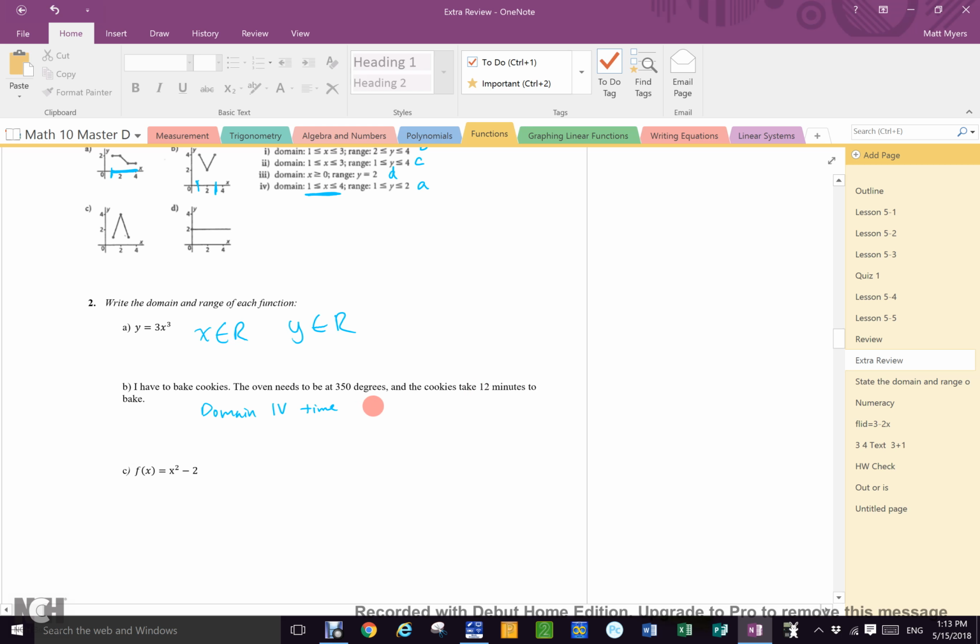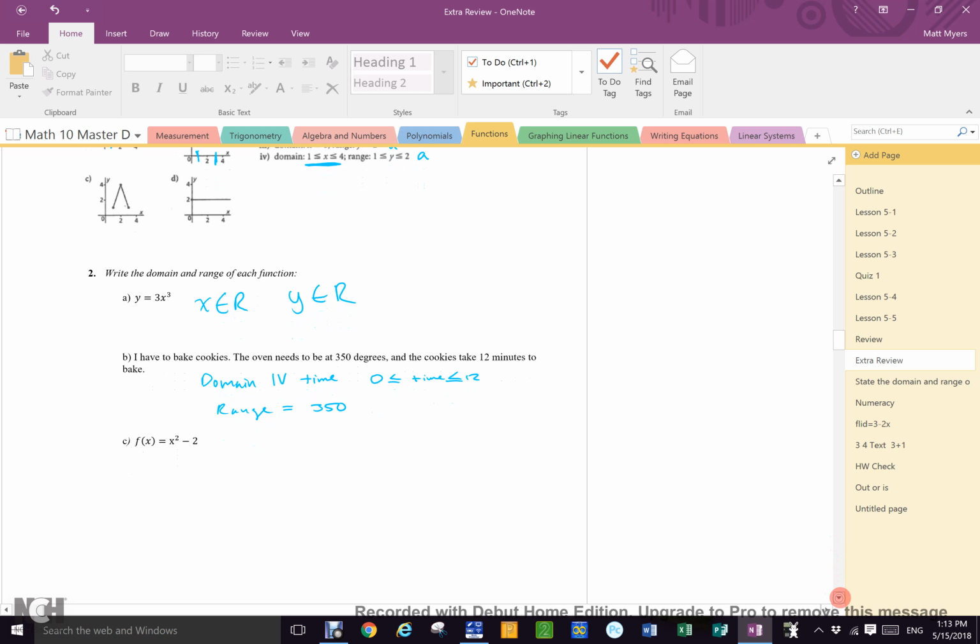So my domain must be 0 to 12 for time, because that's when I take them out. The oven needs to be at 350 degrees. Do I want the oven to change? No. When I put the cookies in at 0 time, the oven needs to be at 350 degrees. So my range equals 350, because I don't want it to change.